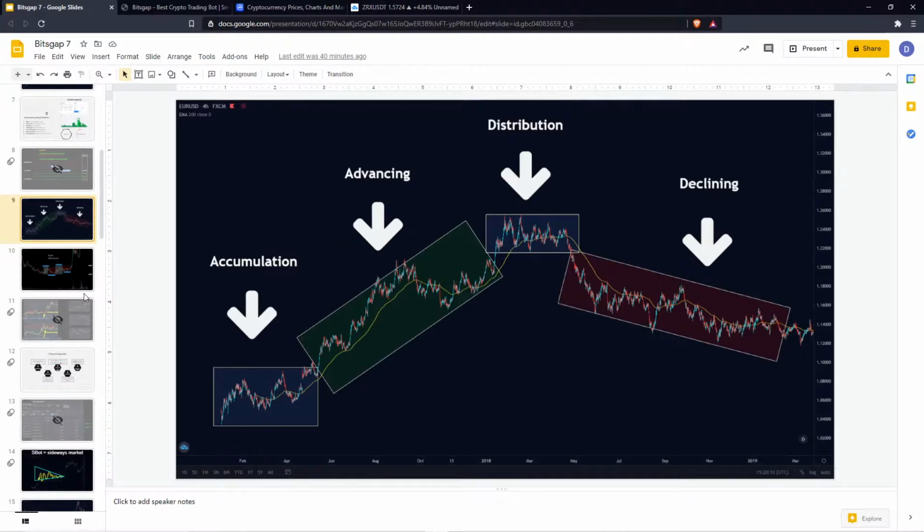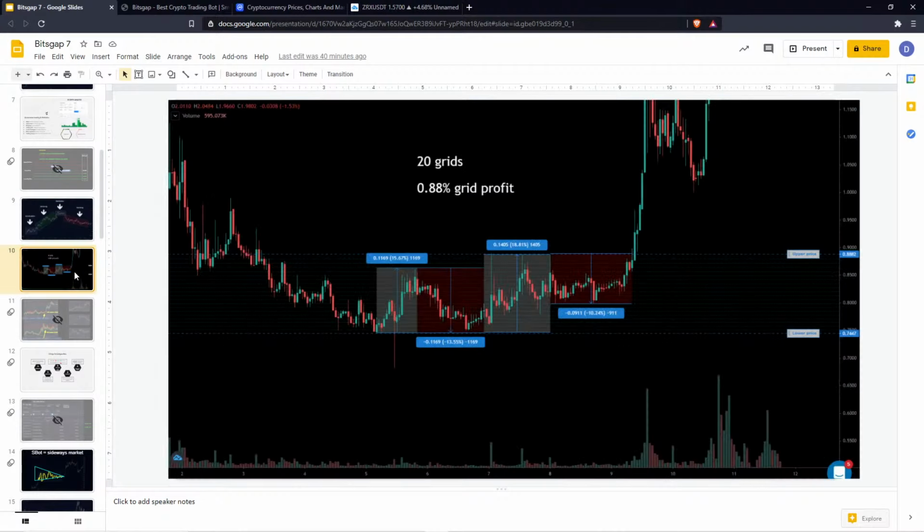All right. So, for example, if you expect the price to move within the range of, let's say here it's around 20%, right? So this is where you can plot 20 grid levels to ensure that the grid profit is around 1%. All right.